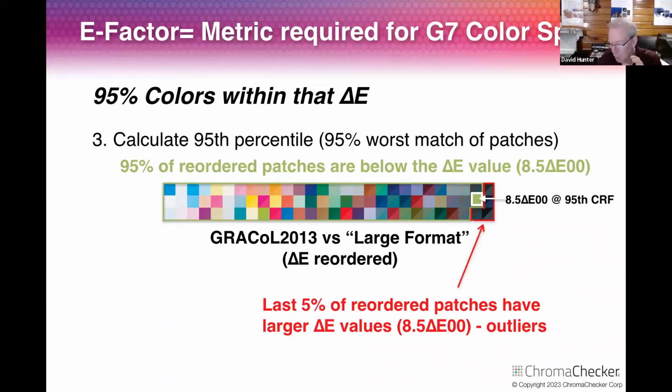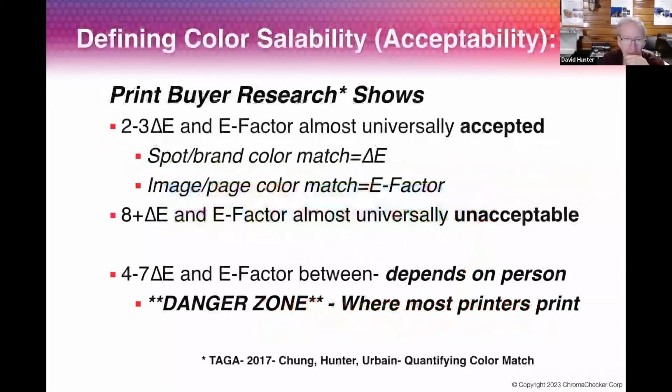And then along with coining it E factor, we can quantify how different your press is printing from GRACoL or any other reference or any other press. And using the same metric, we can quantify what your or your customer's expectations are in E factor. And we'll talk more about that.